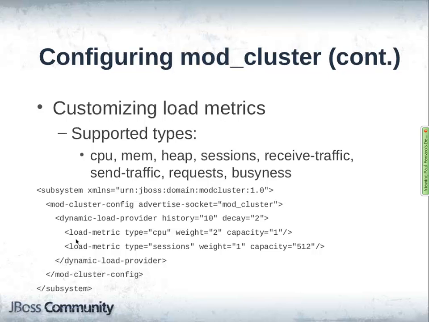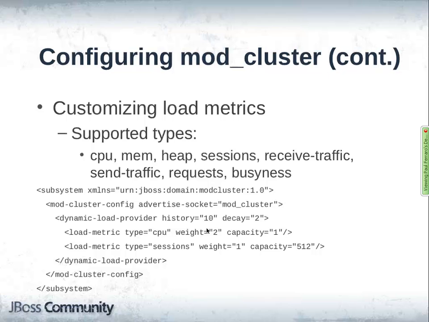So in this example here, I've got Mod Cluster configured to calculate its load using the CPU load of the machine that it's running on, and how many sessions the server has relative to its capacity, so how many sessions it can actually handle.